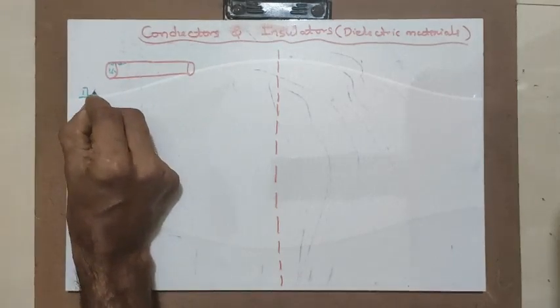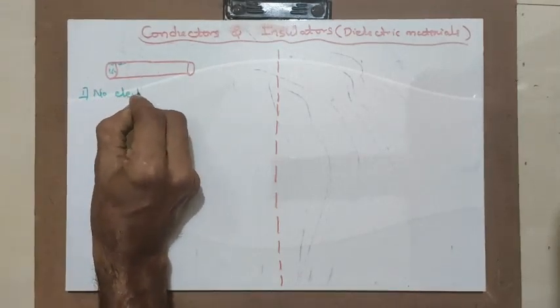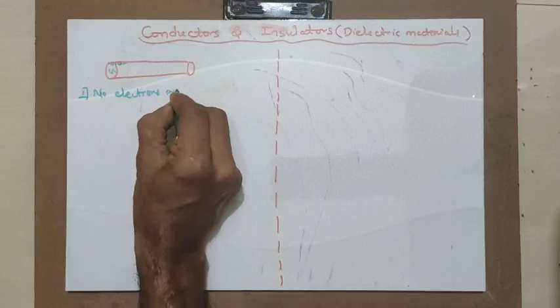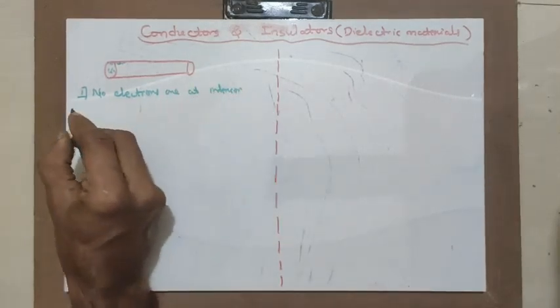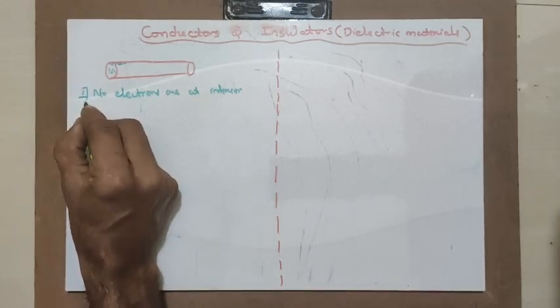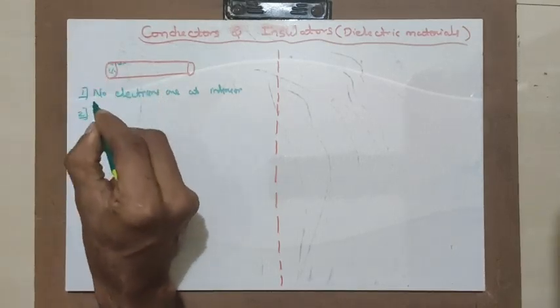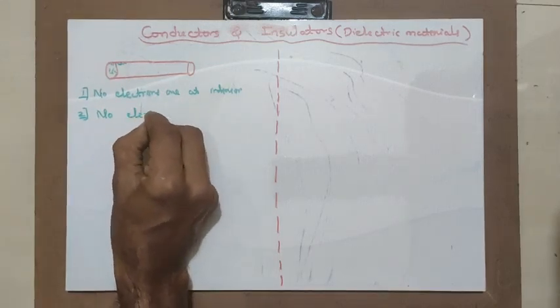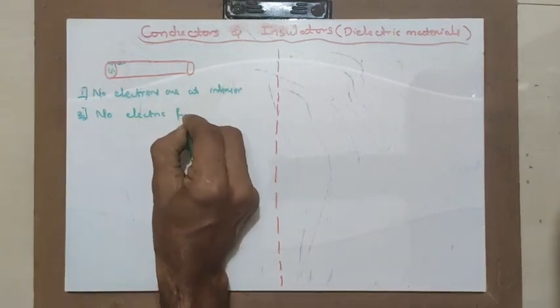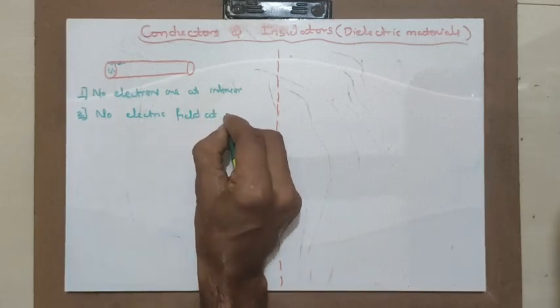No electrons are at interior. Second, when no electrons are there at the center or at the interior, there is no electric field. No electric field at interior.